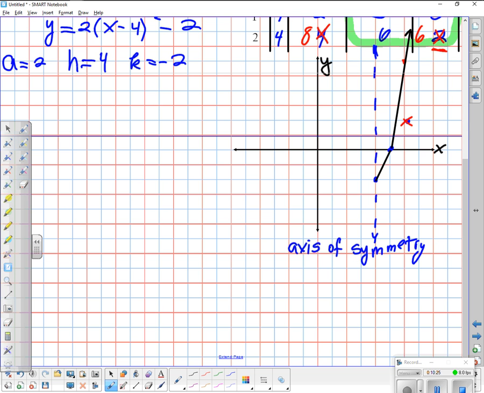So we don't do a lot of writing, we abbreviate it. We call it A.O.S., axis of symmetry. And that is a line, and the equation of the line will be x is equal to 1, 2, 3, 4, where it crosses the x-axis. That's it. That is my axis of symmetry. What that means is that the right side is the same as the left side.